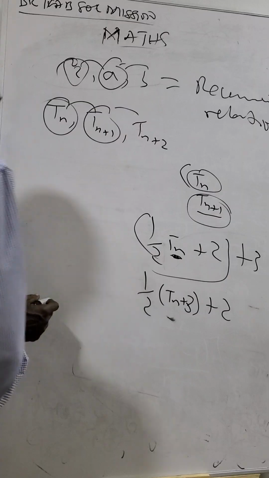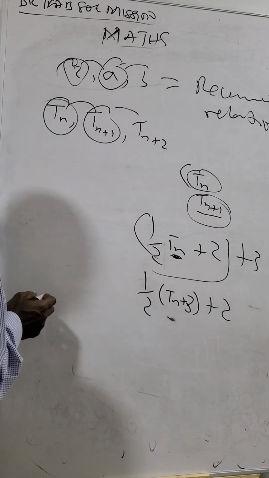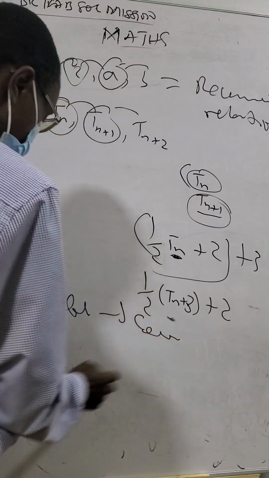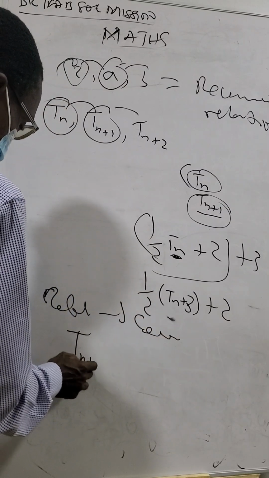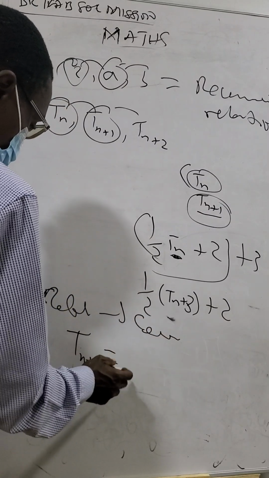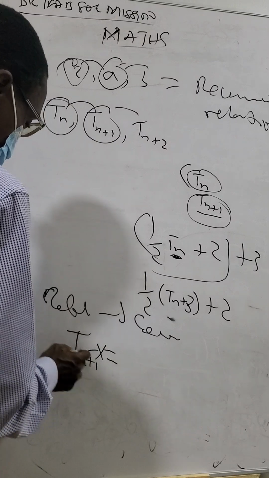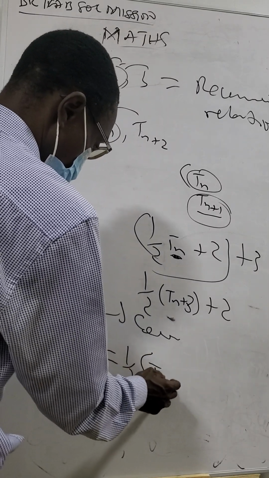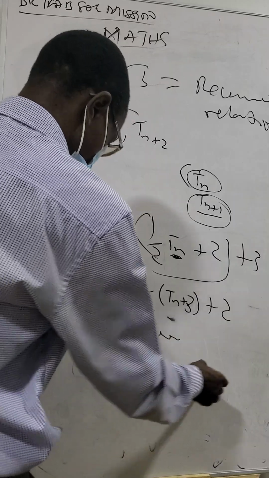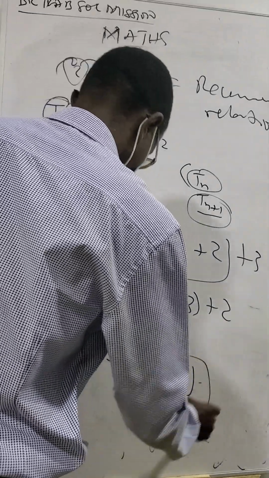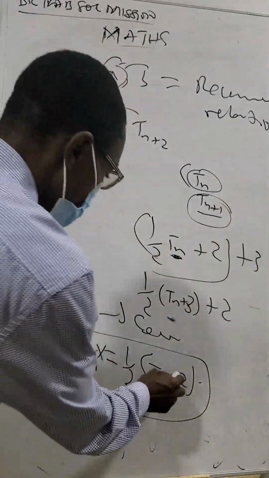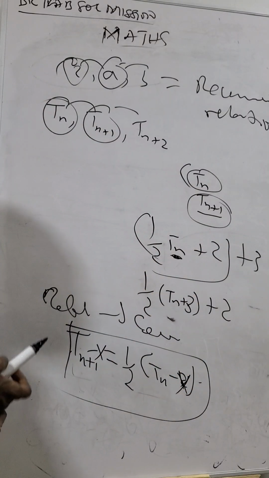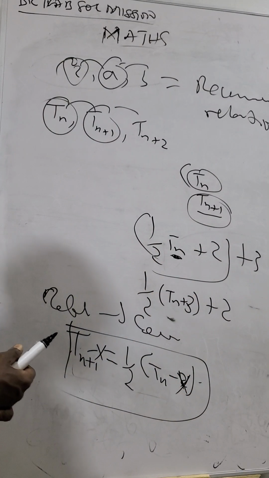And then sometimes you want to change the relation to a geometric one. If there's a Tn plus 1, you just subtract maybe a factor from this and do the same thing, the same factor from that, and then you convert it to your geometric sequence.